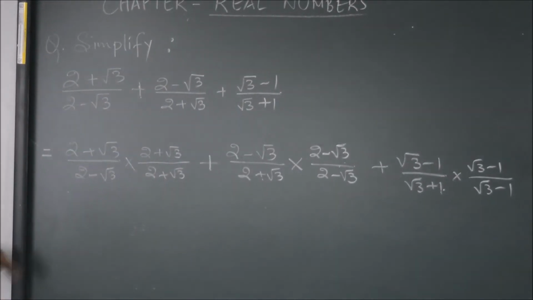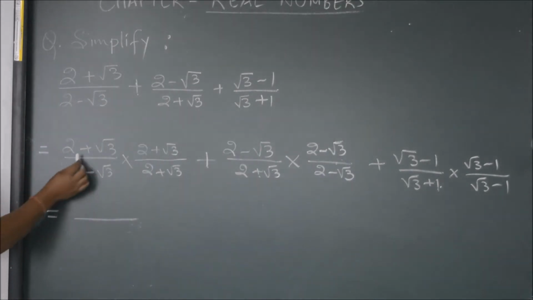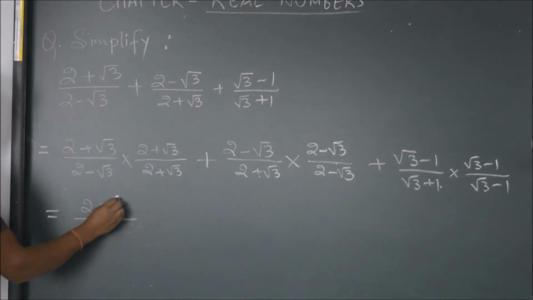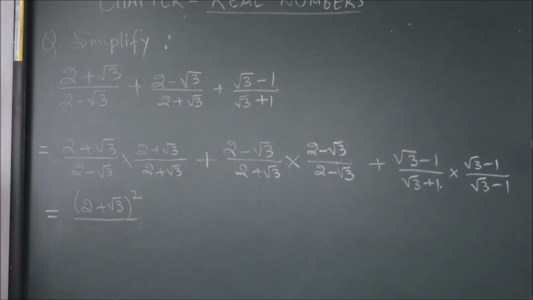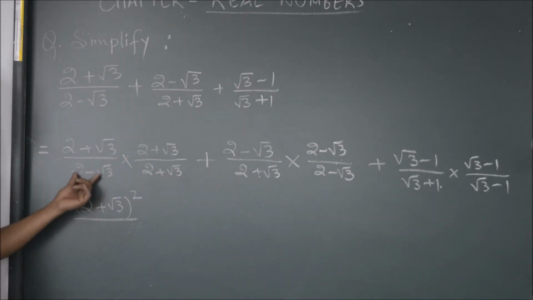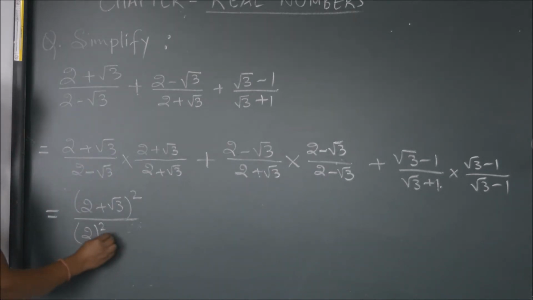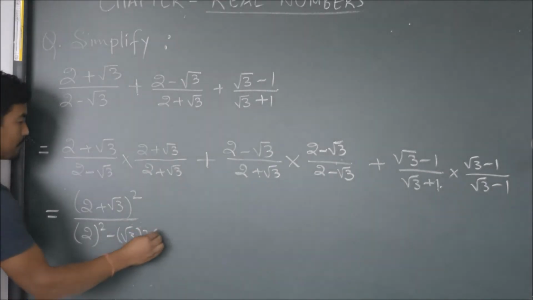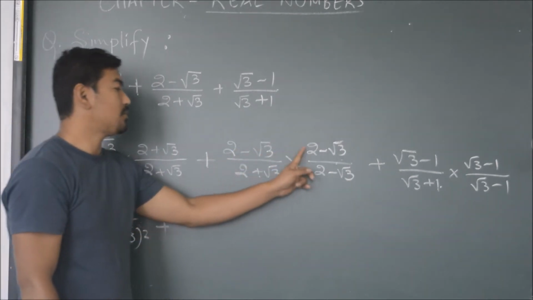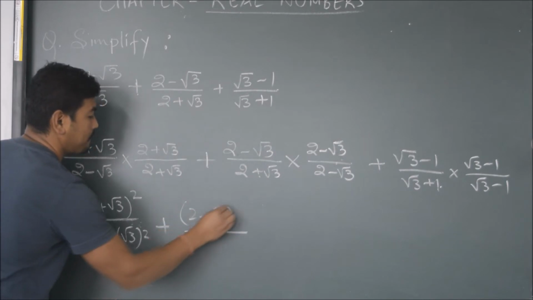Okay. In the next step, let's say this one here. 2 plus root 3, 2 plus root 3 times, we'll write in square form this way. And in the denominator, again, this is in the form of a plus b, a minus b. We will use the same identity, a square minus b square, plus, let's come to this portion here. 2 minus root 3, 2 minus root 3 will give you 2 minus root 3 whole square.